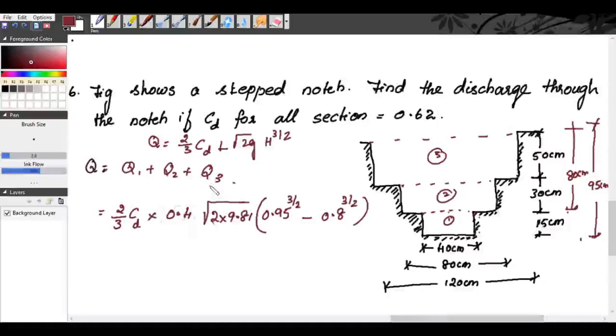Now for the second portion, so plus Q2, that is 2 by 3 CD. CD, the value is the same, 0.62, so we will substitute 0.62, into L. Here L is 80 centimeter, so 0.8 into square root of 2 into 9.81 into H raised to 3 by 2.